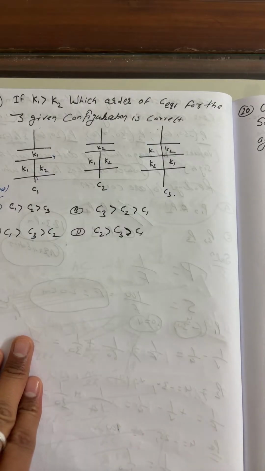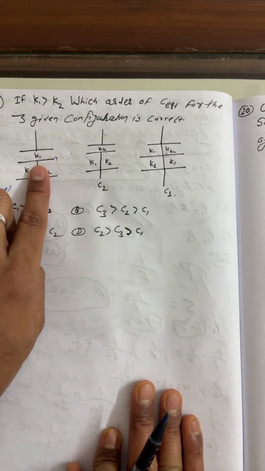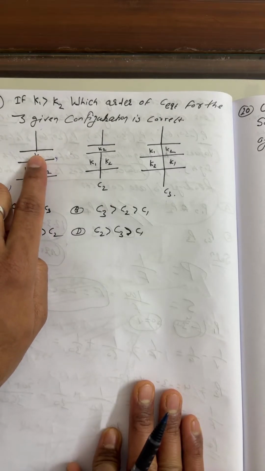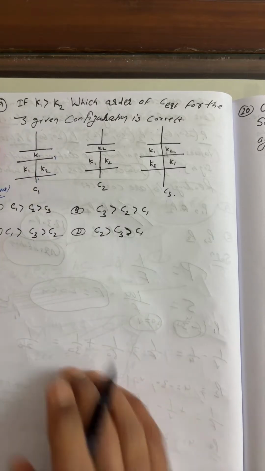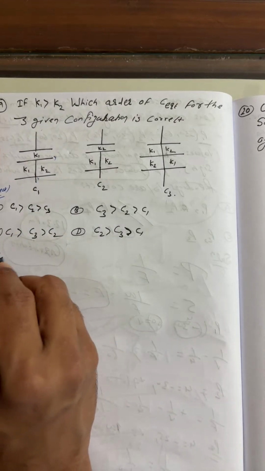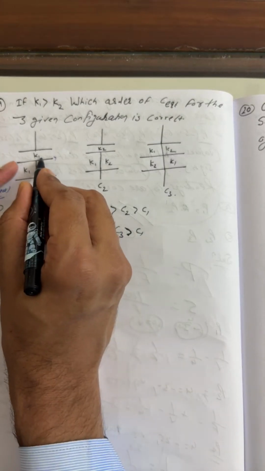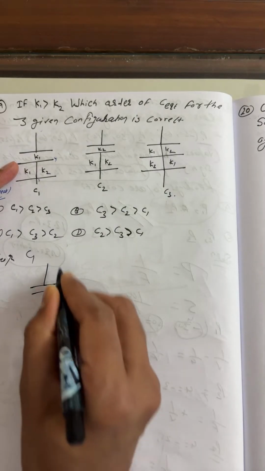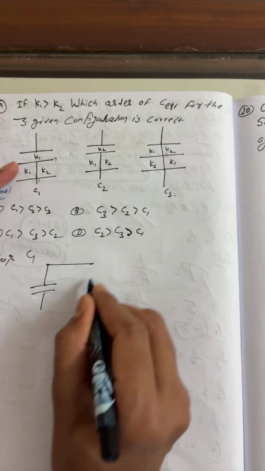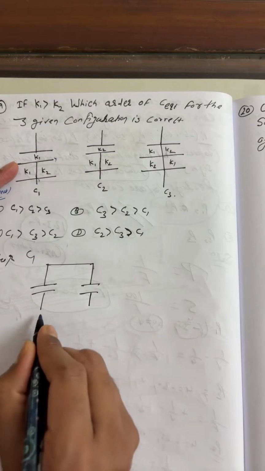So we'll go through this. Students, I solved this question yesterday. This K1 I'll replace in two parts. These are the halves. For C1, I'll take half, and again this is K1 only.